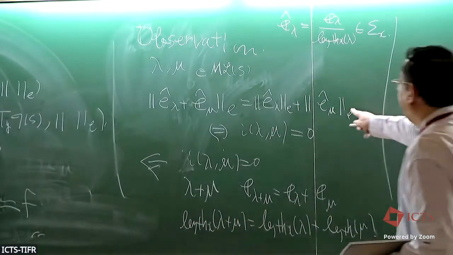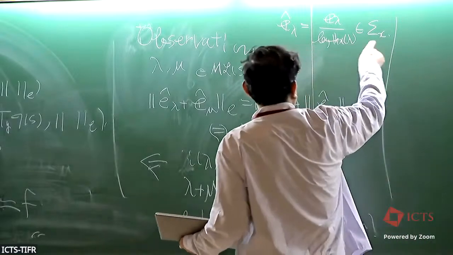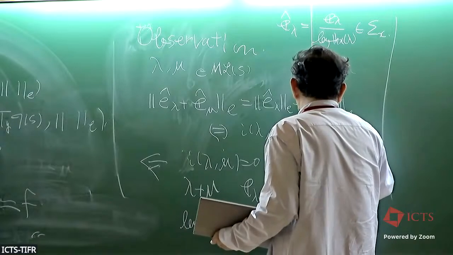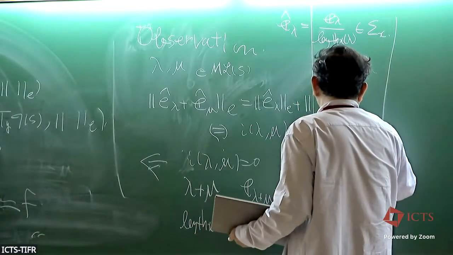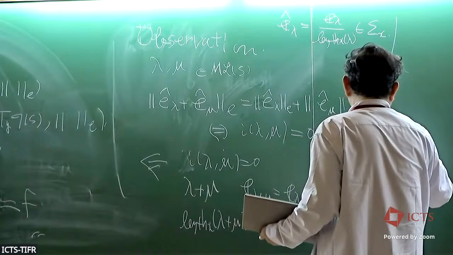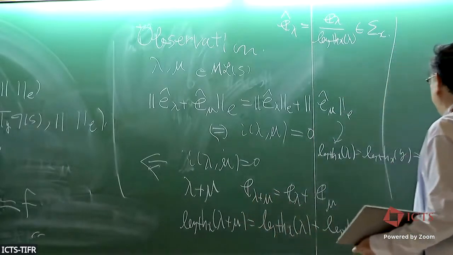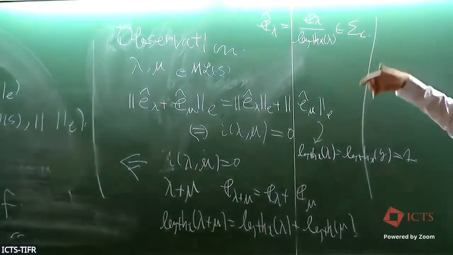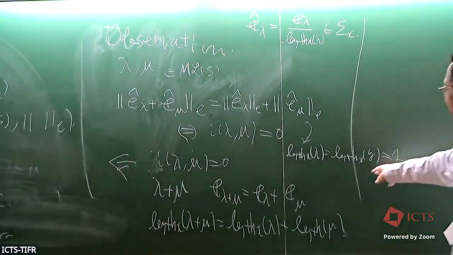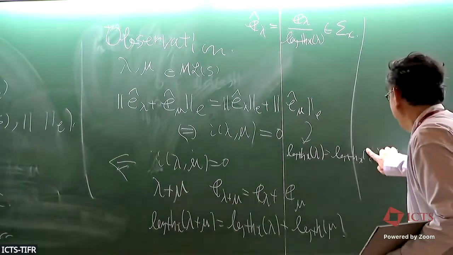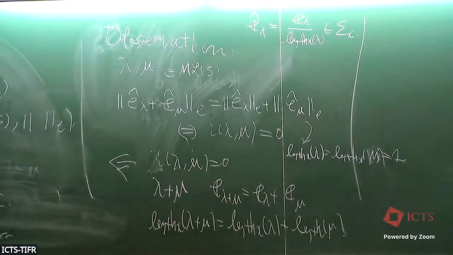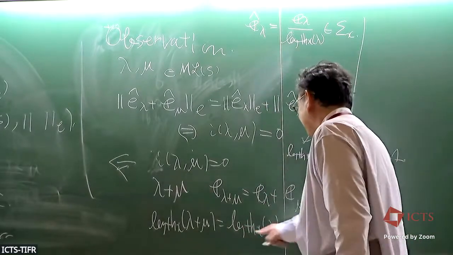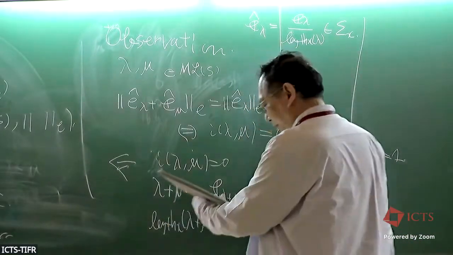Because it's normalized, we just assume that the length of lambda equals the length of mu, which is equal to 1; we normalize from the start. Anyway, we have such an equality, and then this is also an equality.